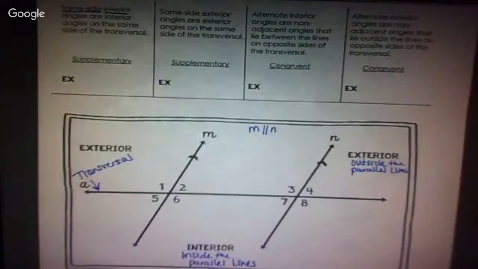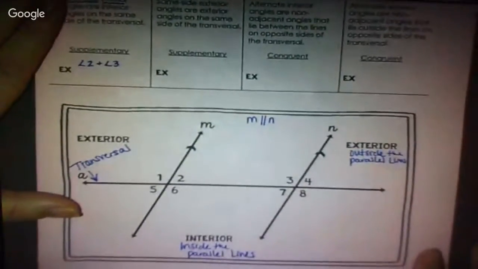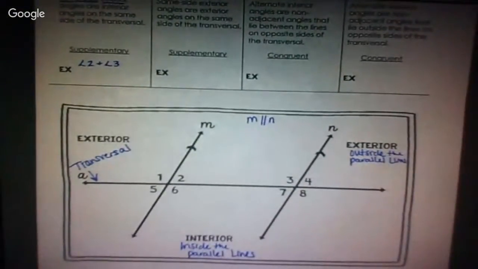So 2 and 3. They're inside your parallel lines on the same side of the transversal. So angle 2 and angle 3. There's one more set of same side interior: 6 and 7.